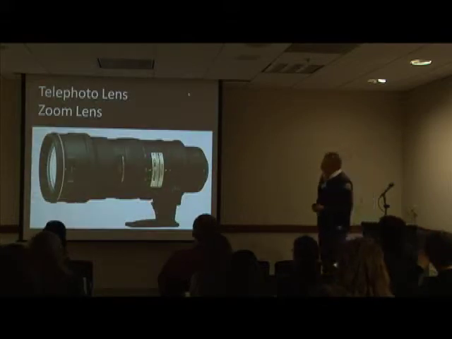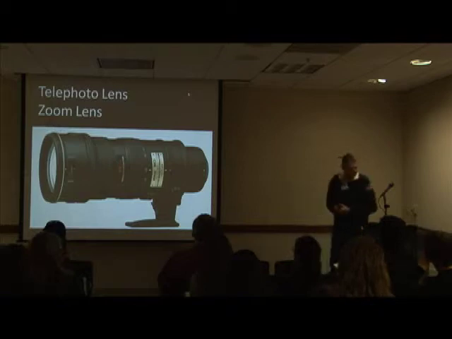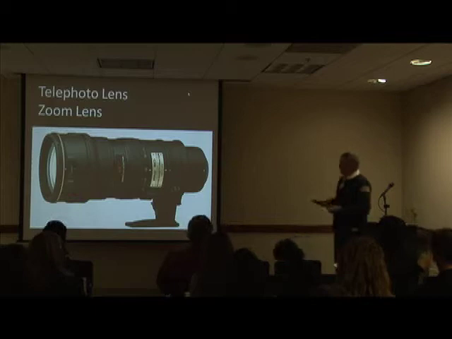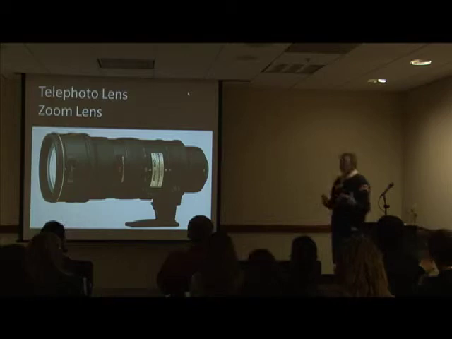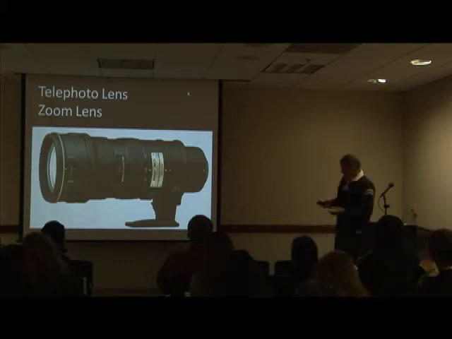A telephoto lens is not the same as a zoom lens. This is one of those instances where we use the term zoom lens because we want to, we say we zoom in, but a zoom lens is a lens with a variable focal length. It means you can change the distance at which you're shooting your object.